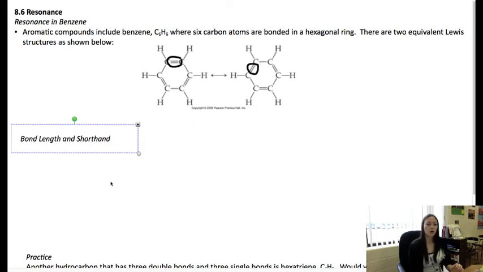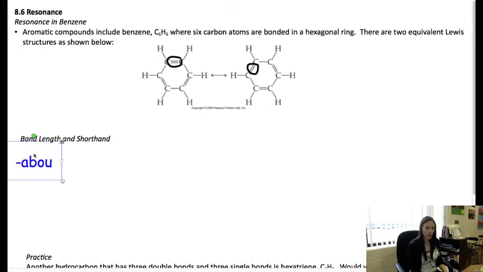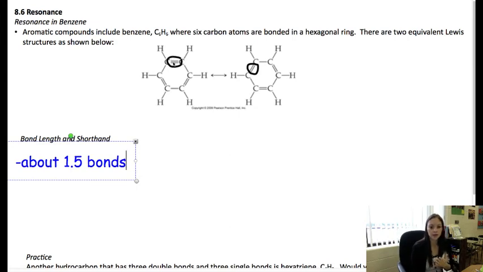Okay. Now, when we look at bond length with these, just like we looked at for every other resonance structure, I want to figure out about what their actual bond length is. Well, the bond length is actually about 1.5 bonds, because each one around here is a single or a double. So in essence, it's actually about 1.5 bonds.